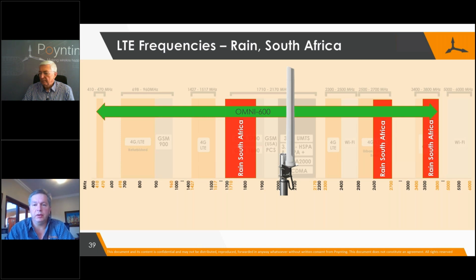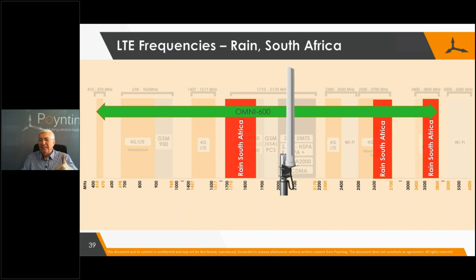So rather look at an antenna which is much more wideband and has performance over the whole band, which would be more suitable and easier and cheaper in the long term to deploy that way. Like a pointing antenna, Stephen.